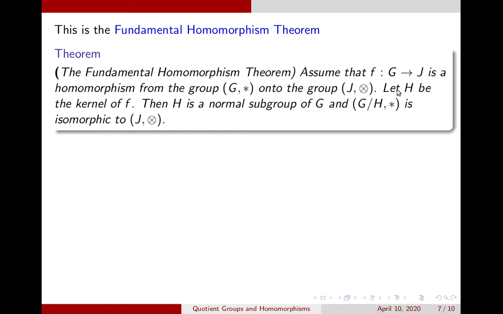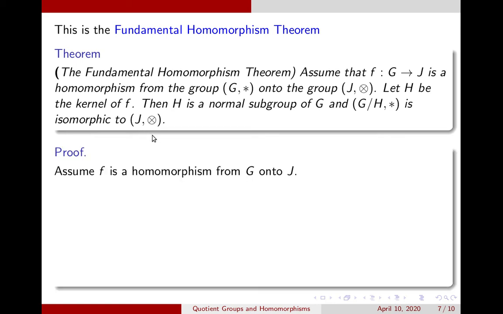Let H be the kernel of f. Then H is a normal subgroup of G. And the quotient group, G over H, is isomorphic to the group J. Here's a very bare bones outline of the proof. So we would be assuming that we had a homomorphism f from G onto J.